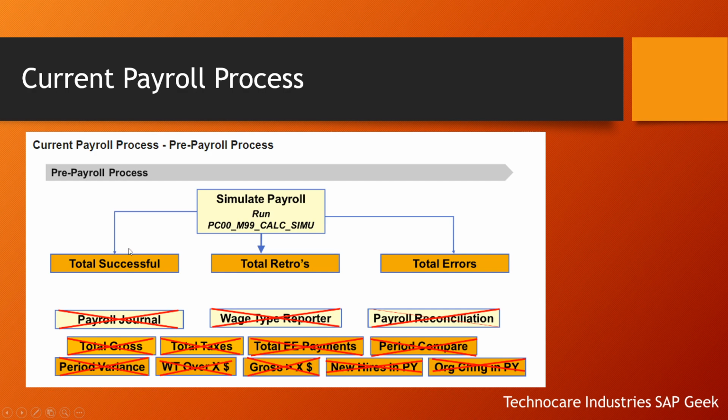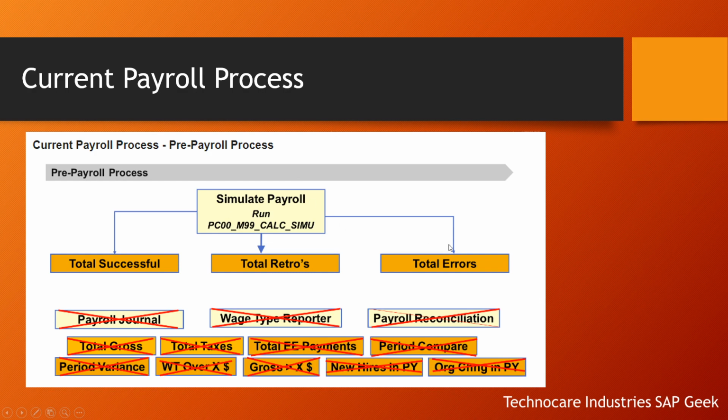Total successful employee numbers, total number of retro periods that the system executed, and the total number of errors along with error messages. If there are any standard or custom validations built in the payroll driver which reject the employee and generate certain errors, or any other standard errors, such as period not generated or control record not in the correct status, all such errors will come in simulation payroll.